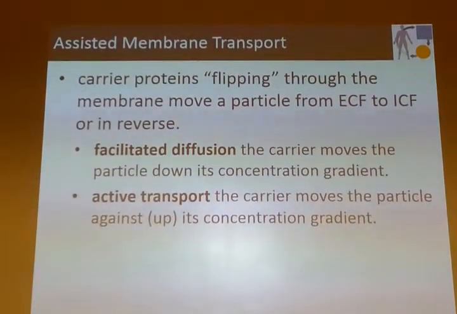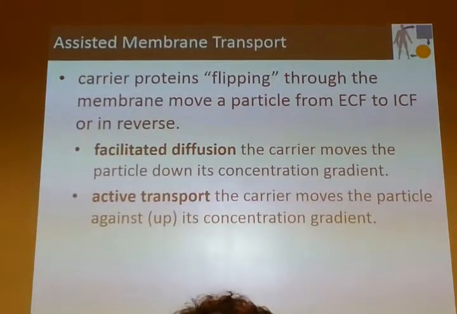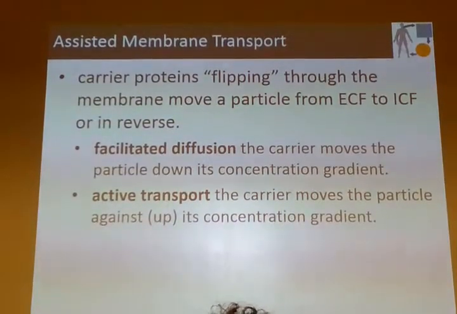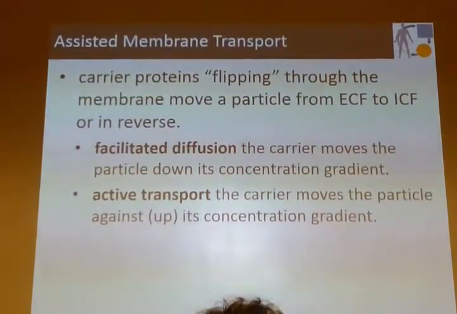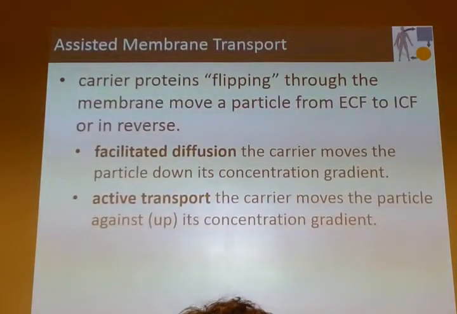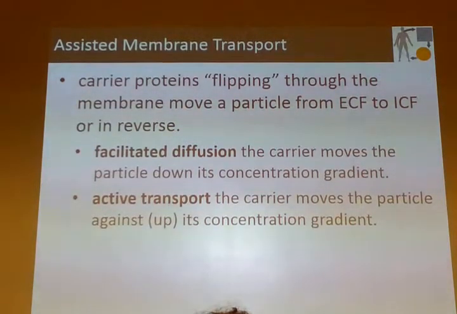Active requires ATP used directly by that transport protein, not somewhere else in the cell, but by that protein, and that's going to be active, not secondary active transport. For some facilitated diffusion, if the concentration gradient is being maintained by an ATPase, then you call it secondary active transport.